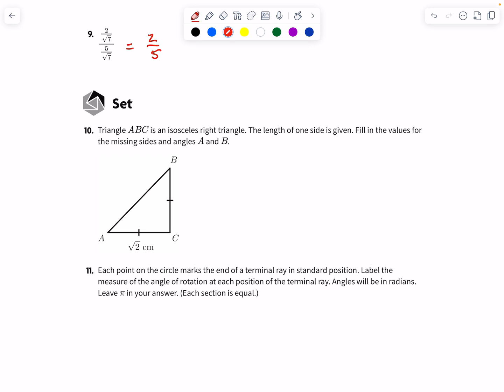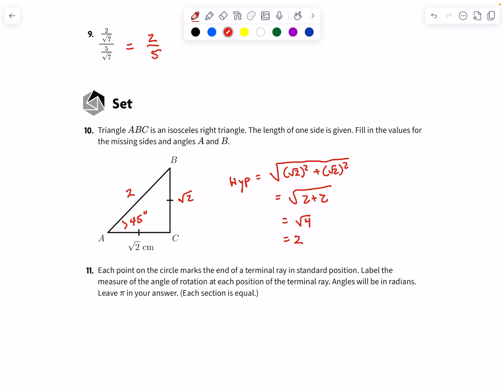Okay, these are equal, so this is also √2, which means the angles are 45-degree angles. Hypotenuse, Pythag, so the hypotenuse is 2.